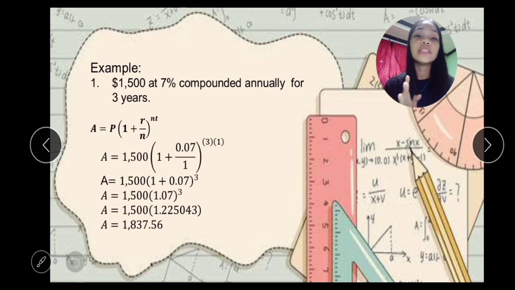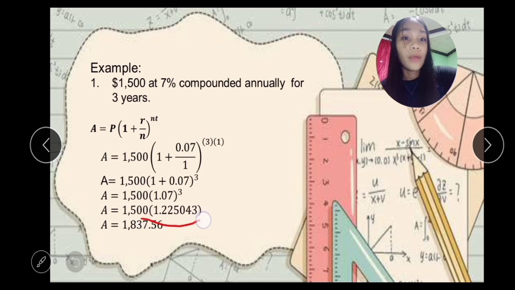Now we need to find the answer of 1.07 to the power of 3. So 1.07 times 1.07 times 1.07, and the result is 1.225043.